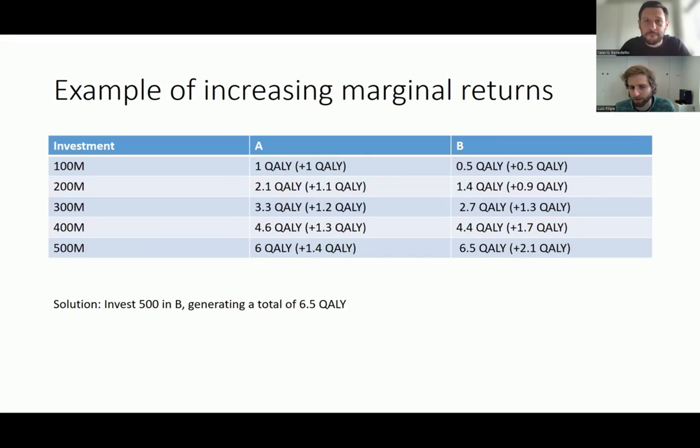But this one would be less interesting, because if they are increasing, you will always choose only one of them. In this case, it would be B with 6.5, because at any point I'm gaining from B, getting bigger and bigger and bigger. So I will never want to put a little bit of investment in A, because I'm stopping, let's say, the growing of B.